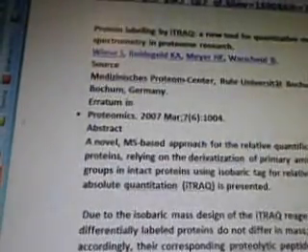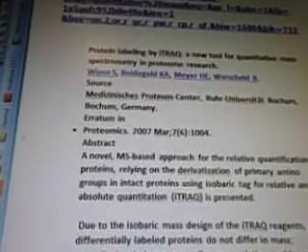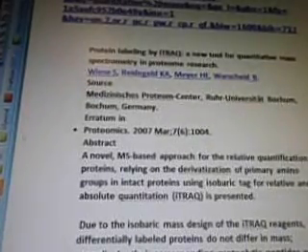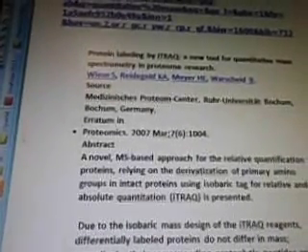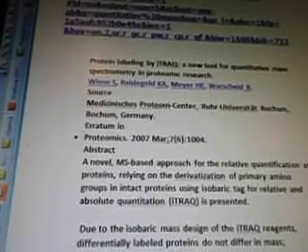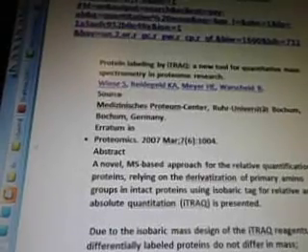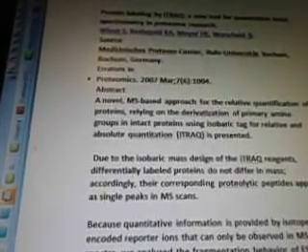So protein labeling by iTRAQ, a new tool for quantitative mass spectrometry in proteome research. From Wiese S, Reidegeld K.A., Meyer H.E., and Warscheid B. From Ruhr University Bochum, Germany, from March 2007.